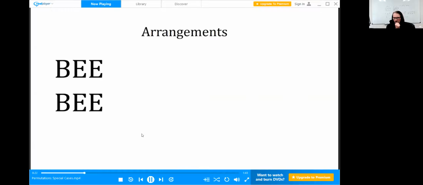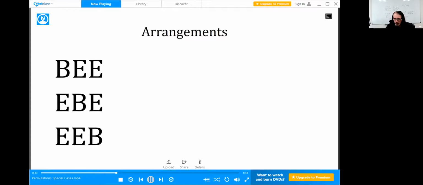Then either I could put the B in front, or I could put it in the middle, or I could put it at the end of the 2 E's. So we have 2 places where the 2 E's are right together, either both at the end or both at the beginning. And then the other case is where the B's are in between. But what if we are distinguishing between them with a red and a purple E?